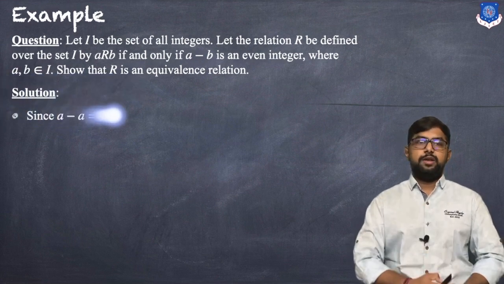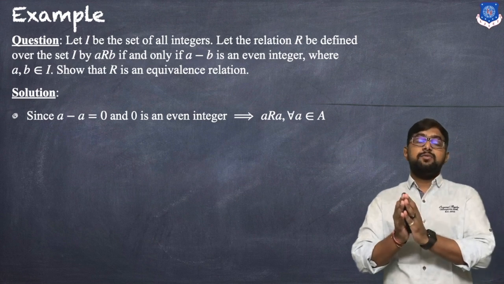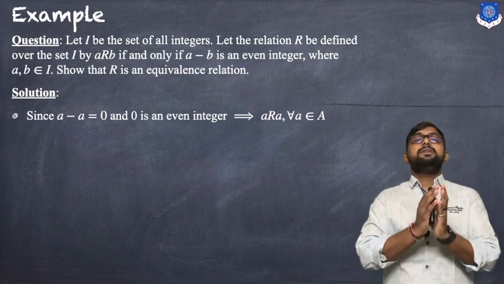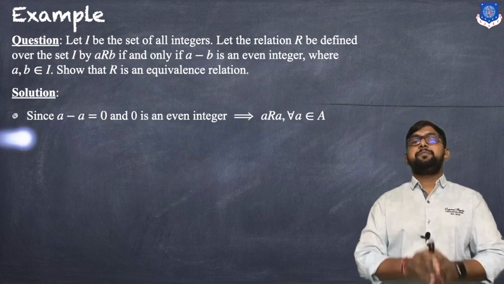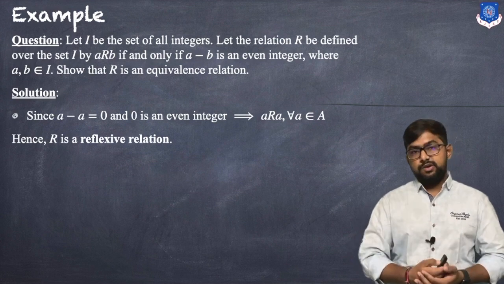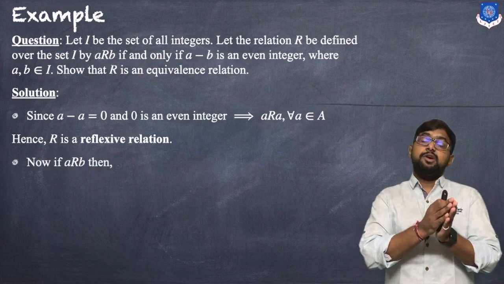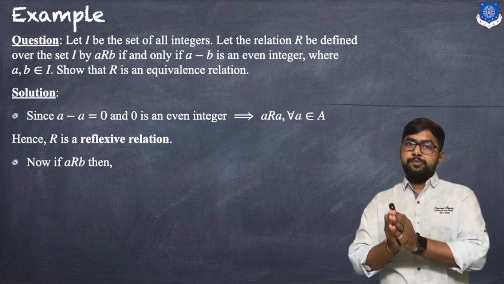So the first one, for reflexivity, a minus a equals 0, and 0 is an even integer. So a is related to a for each and every a belonging to the set. Hence R is a reflexive relation. Now for symmetry, if a is related to b, then b has to be related to a.